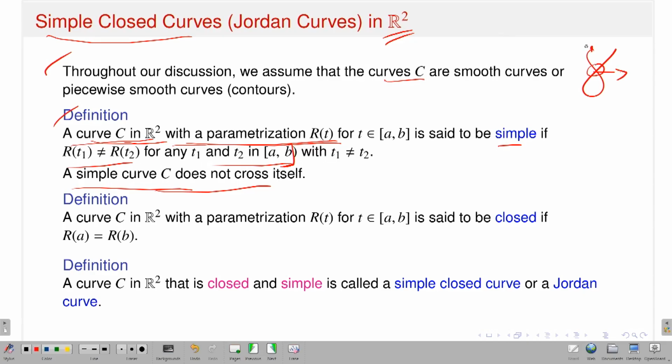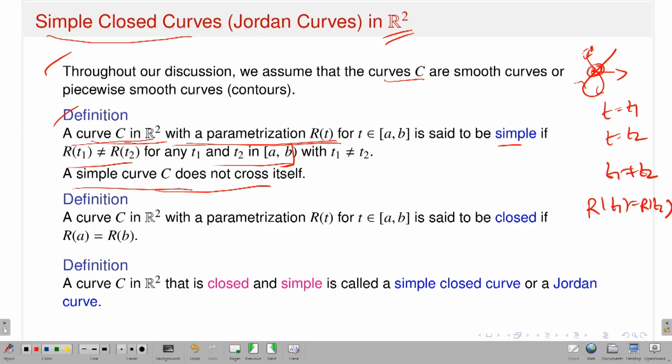Suppose I start from here and come in this direction, and at some point I reach this point for t equal to t1. Then I move in this direction and again reach the same point, because there is a cross, at some t equal to t2, with t1 not equal to t2, but R of t1 is exactly equal to R of t2. So I lose injectivity if there is a cross.